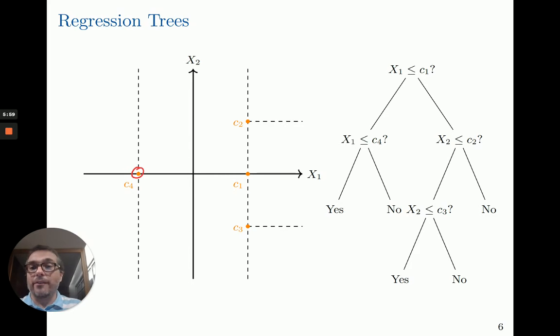So in the end we have one region here, another region here, another one here, and so on. So we have 1, 2, 3, 4, 5, 6 regions.